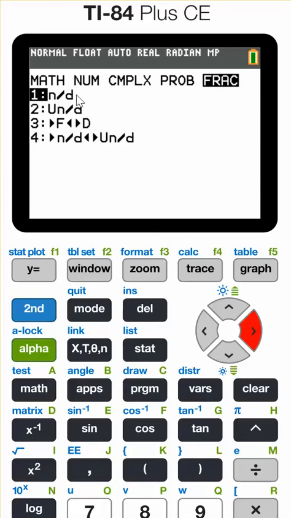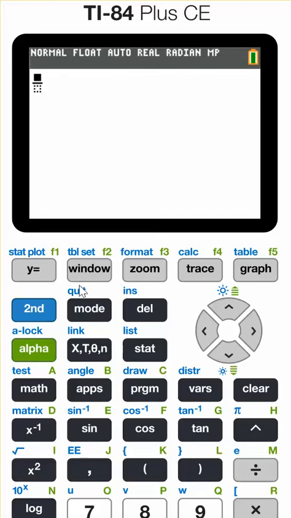So -3/2 minus 1/4. I'm going to go ahead and hit enter here, and then you just put in the numbers. So -3/2.